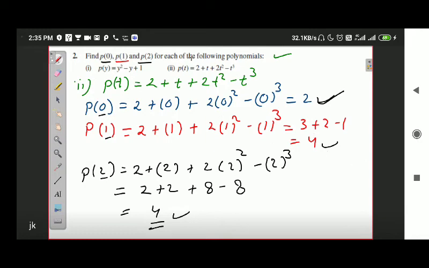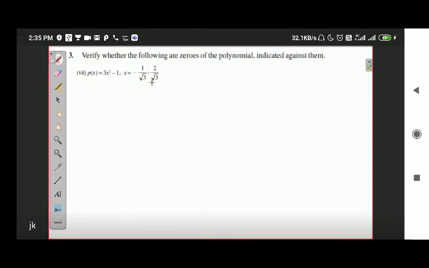Okay. Next, verify the zeros. We have to determine whether the given value of x is the zero of the polynomial p(x). I've taken one of the most difficult questions of the exercise, and I'm going to solve it for you.